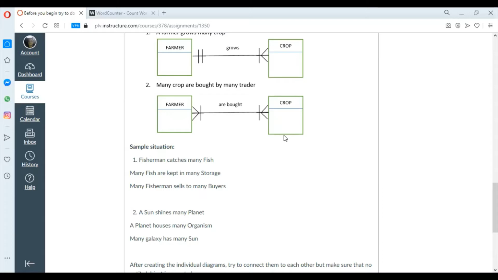It could either be vertical, horizontal, or vertical, horizontal, vertical, or it could be a horizontal, vertical, horizontal line. Okay, but try to make your diagram as simple and as straight as possible.